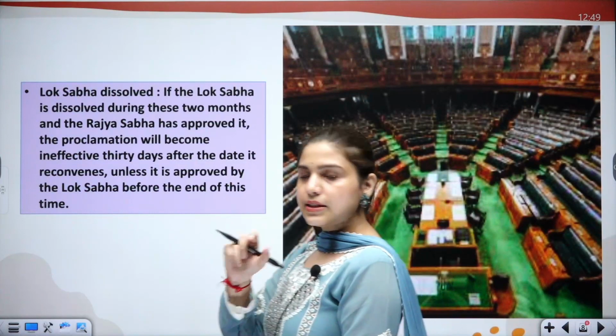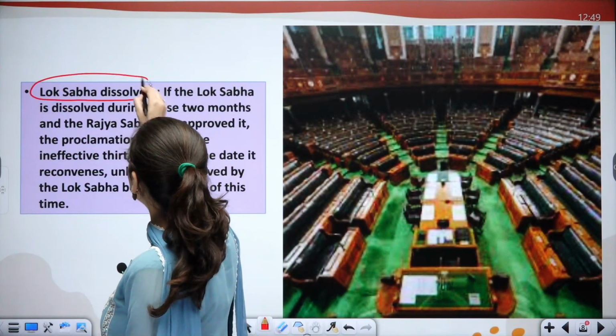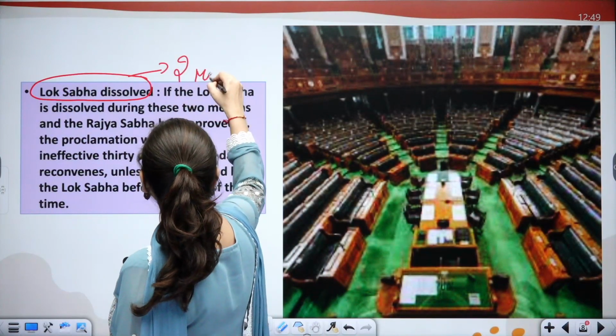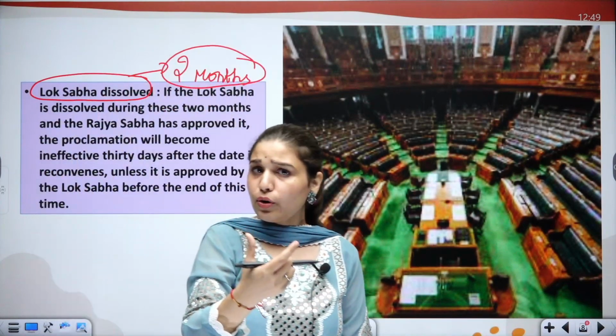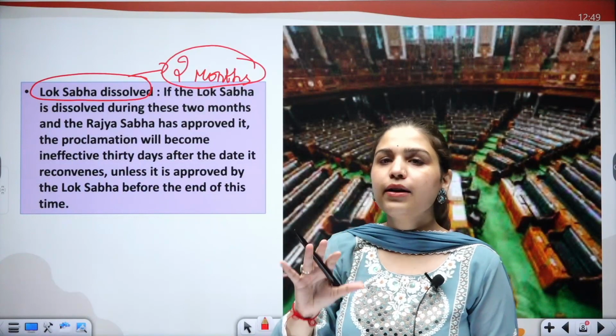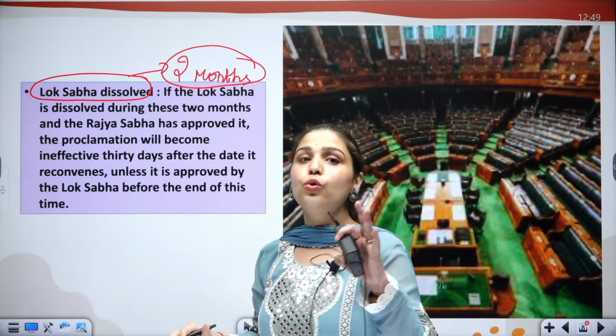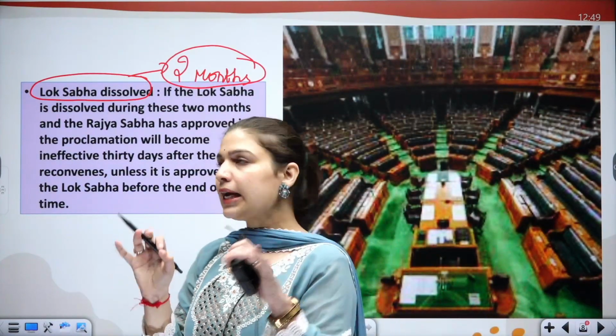Now, what happens as a condition during this period? We have this 2 month period for the approval, as we have seen. Within 2 months, the proclamation should be approved. But what if the Lok Sabha is dissolved within that period?